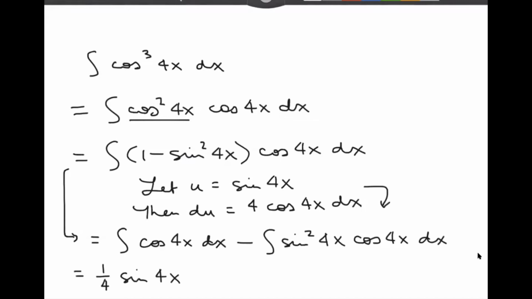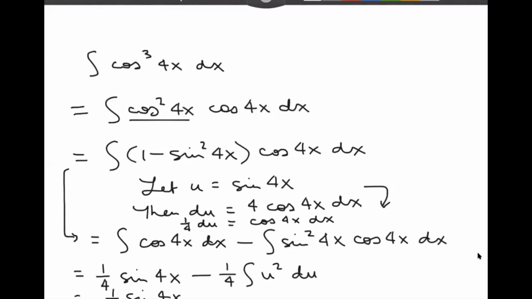And then, I'm going to be replacing cosine 4x dx with 1/4 du. I'm going to be careful about that. All right, so this second integral is going to turn into 1/4 integral u squared du. So we're going to have 1/4 sine 4x.